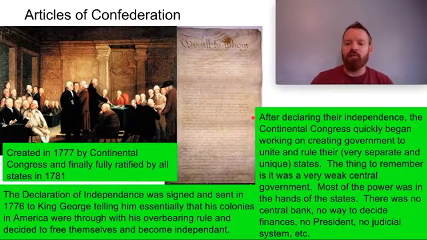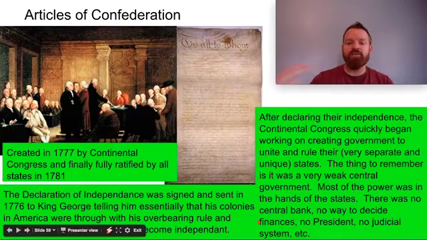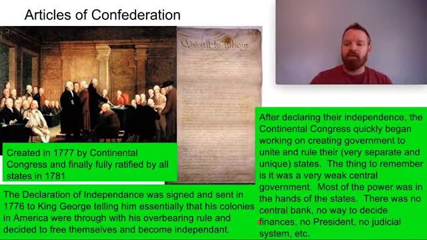So most of the power was in the hands of the states. There was no central bank. There was no way to decide or work out finances as a United States government. There was no president. There was no judicial system. There were a lot of things that the Articles of Confederation was lacking. And that's why it eventually led to the creation of a newer, better government not long after this.